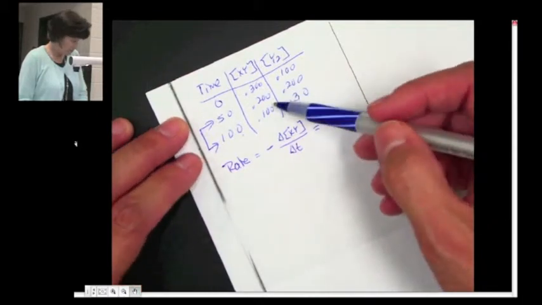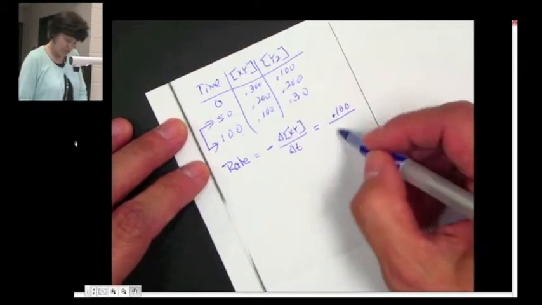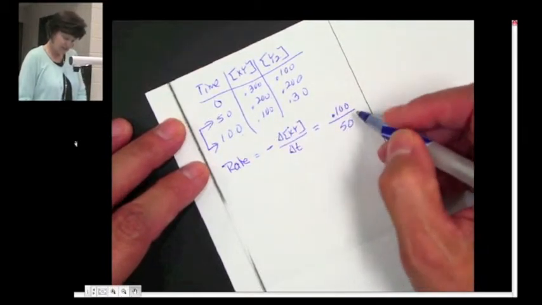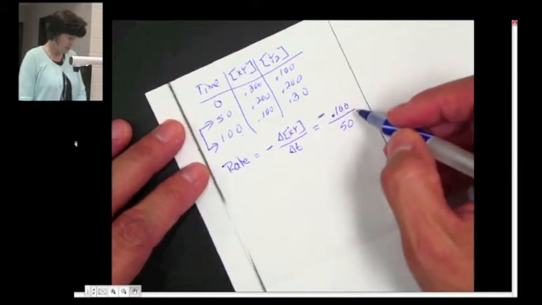The difference would be 0.100, and the difference in time would be 50 seconds. That would be disappearing, so it would have a negative sign.